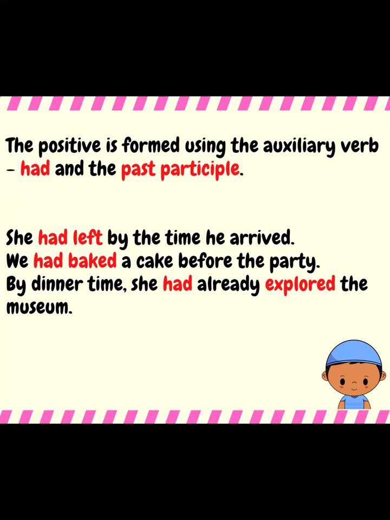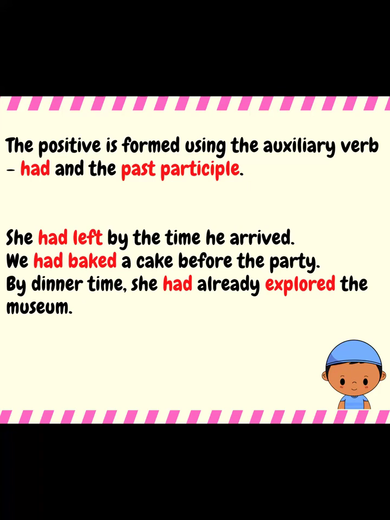Okay, and those two bits together, we would call those the verb chain. And in the first example here, she had left, and then the second action, by the time he arrived. So he arrived is written in the past simple, and she had left, it's already happened before he has arrived.